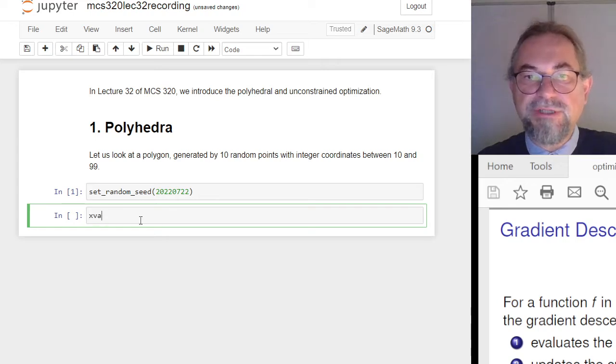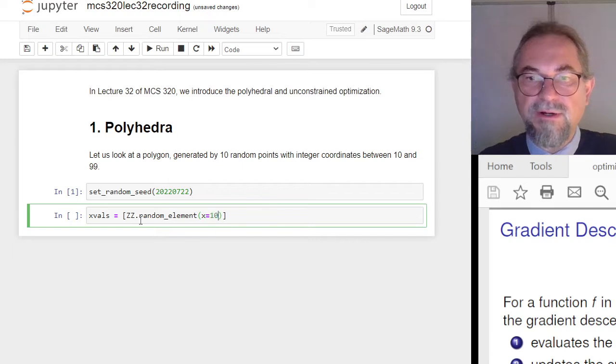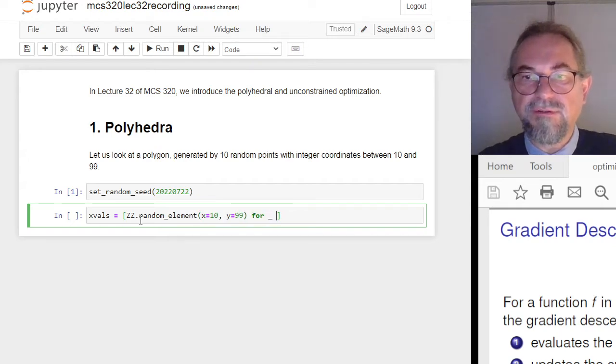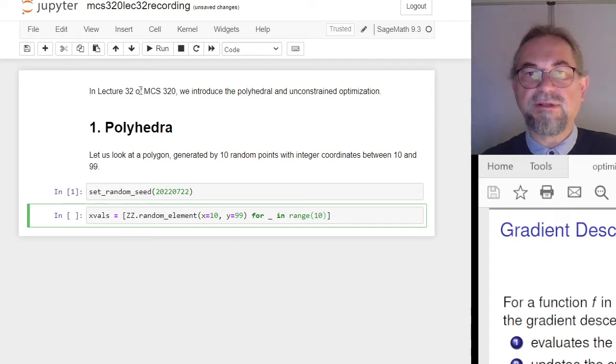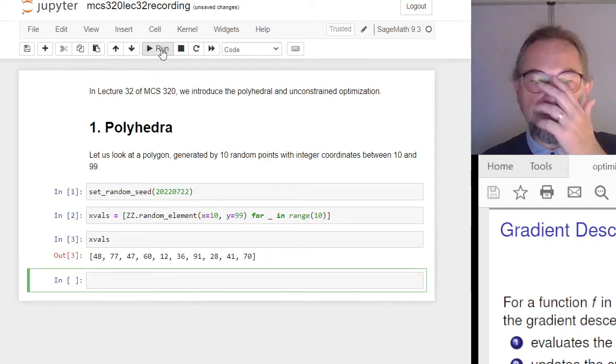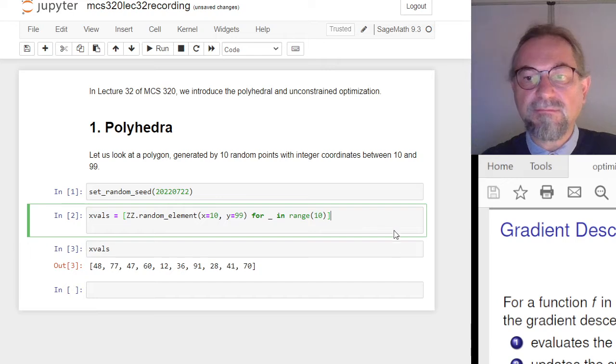I will generate the coordinates of the x values first with the random element method, where I give as lower and upper bounds the x and the y. I will do this 10 times. This gives me the values for the x coordinates. Then I will do the same for the y coordinates, copying and pasting.